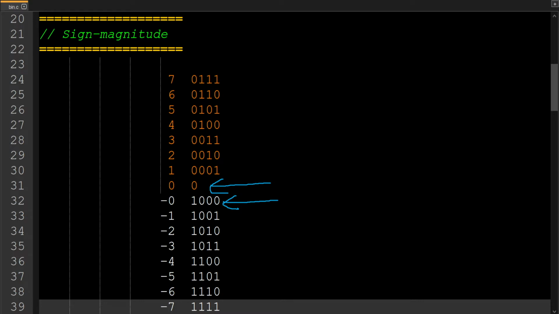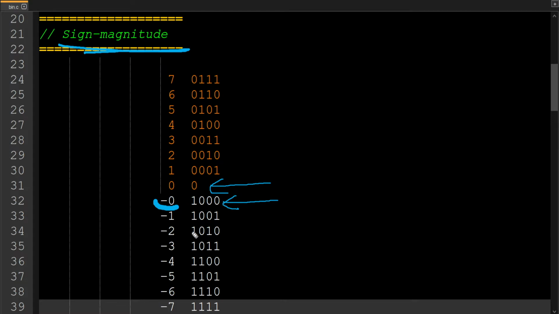It's two zeros, which is quite confusing, and it means that it's not really effective because 0 can't be negative. So it's not really fun. This system already has some problems because we do not want to have a not effective system.